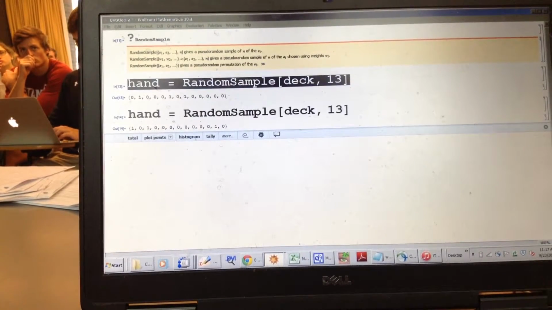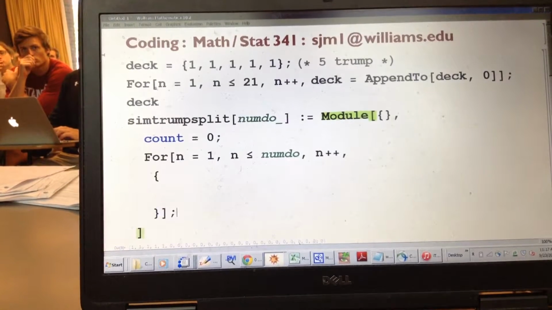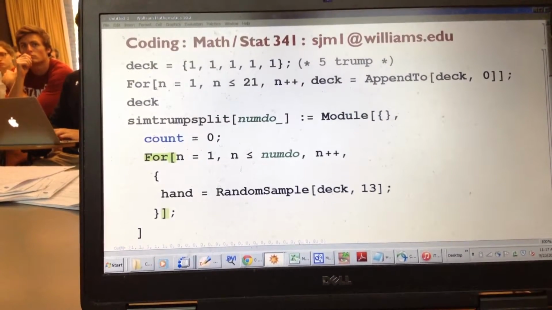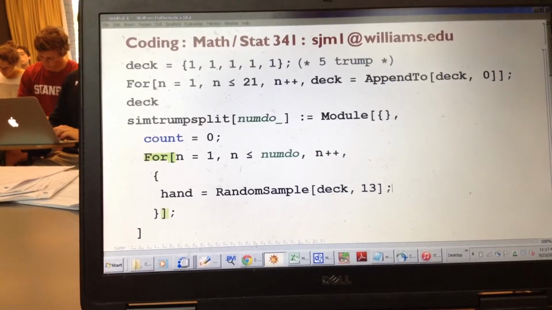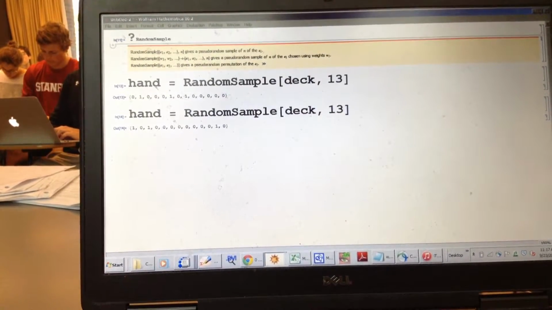So I've highlighted this. I'm going to go back to my window over here. And now, hand is a random sample of the deck. Now I will go back over here and test things a little bit.